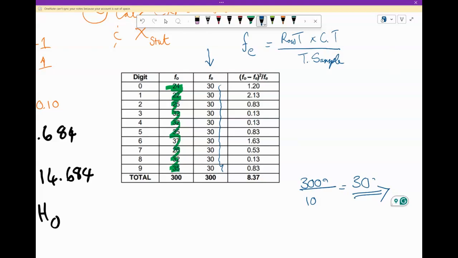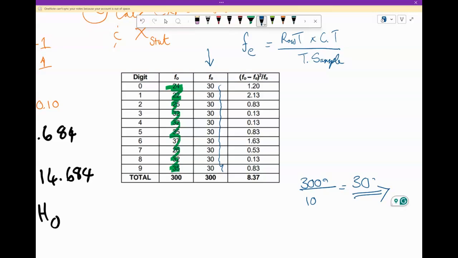Is it making sense? We had a similar question like this yesterday, where everything is supposed to be the same. There's supposed to be an equal likelihood, and so we did not calculate the expected values.